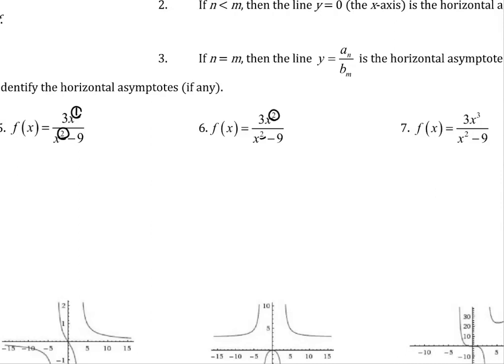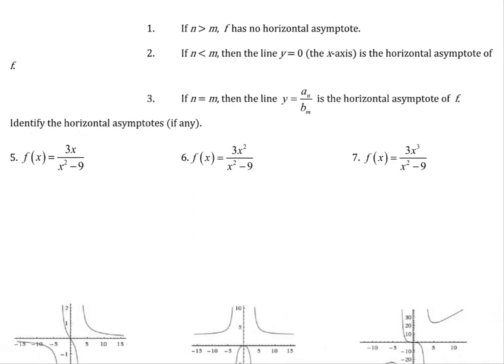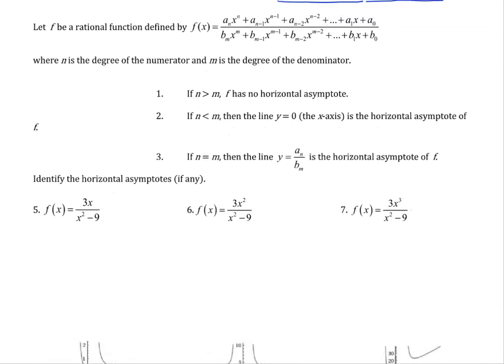We'll be paying attention to the degrees of 2 in both the numerator and denominator in example 6, and the degrees of 3 and 2 in the numerator and denominator of example 7. And it matters where the degrees are, whether the top or the bottom. So to break this down, n is the degree of the numerator and m is the degree of the denominator.